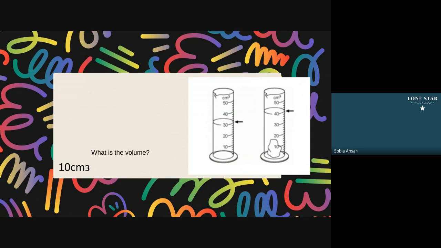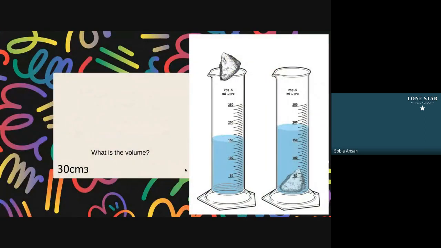All right, let's look at another example. Here we have two graduated cylinders again. So before the rock was thrown into the graduated cylinder, it was at 150. After the rock was put into the cylinder, it went up.